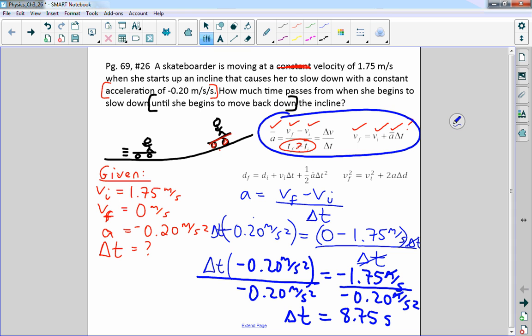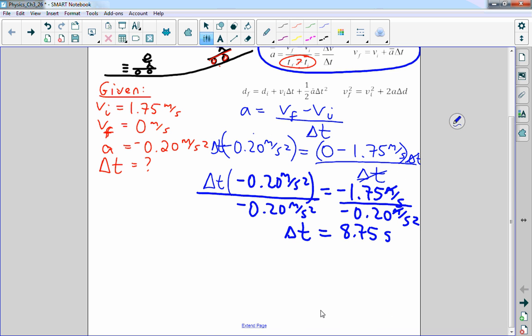I was okay on the subtraction step. Like 0 has a lot of sig figs, stopped is stopped. But I only have 2 sig figs in that acceleration number, so I'm going to have to round this and say it's actually 8.8 seconds.